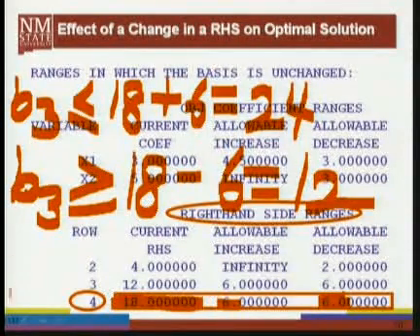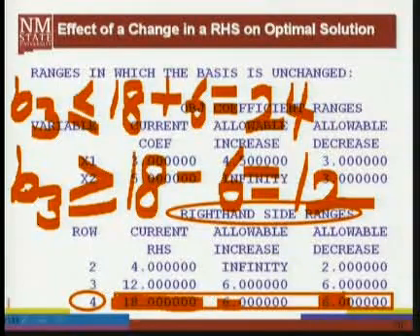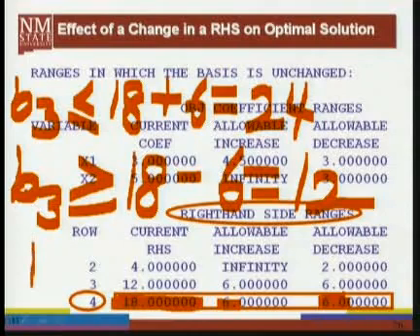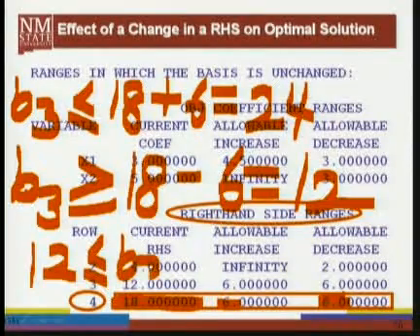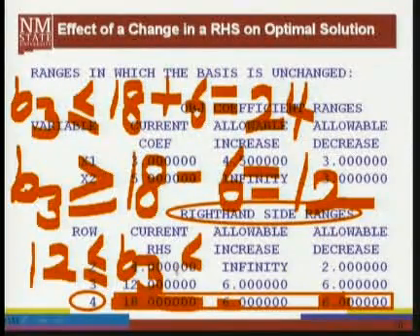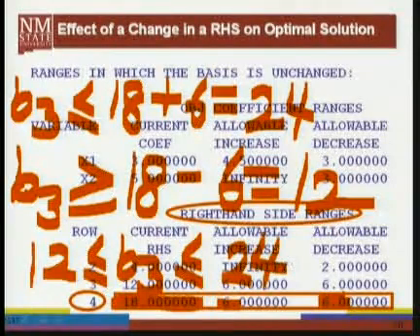So the allowable range to stay feasible for B3 is greater than or equal to 12, but less than or equal to 24. Does that make sense?